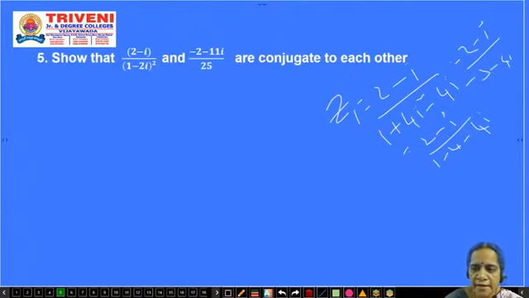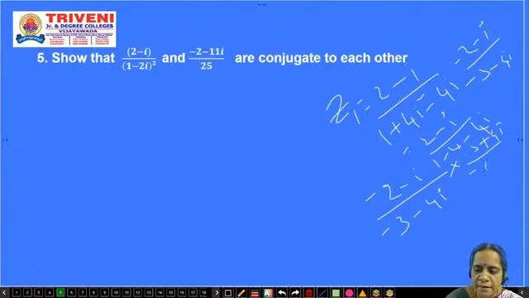What do we have to write here? Rationalize the denominator. Minus 3 minus 4i, that is 2 minus i by minus 3 minus 4i into minus 3 plus 4i by minus 3 plus 4i.